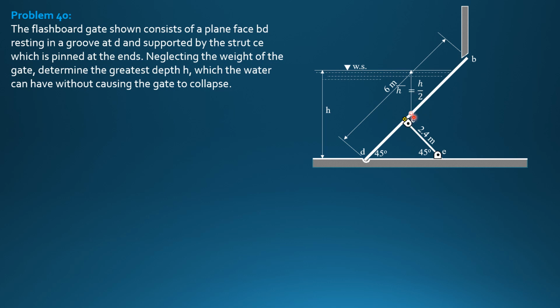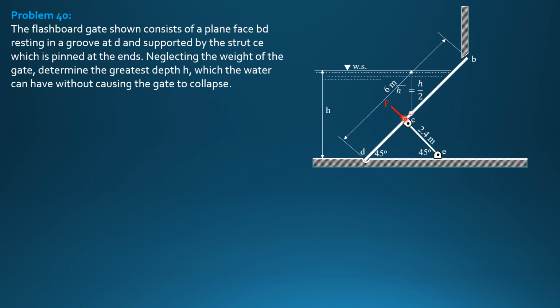Then this vertical distance is also h over 2. Therefore, the distance from D to the centroid is h over 2, or 0.5 h divided by sine of 45. And the height of the gate in contact with water is h divided by sine 45. So that's the location of the force. That should be the center of pressure.